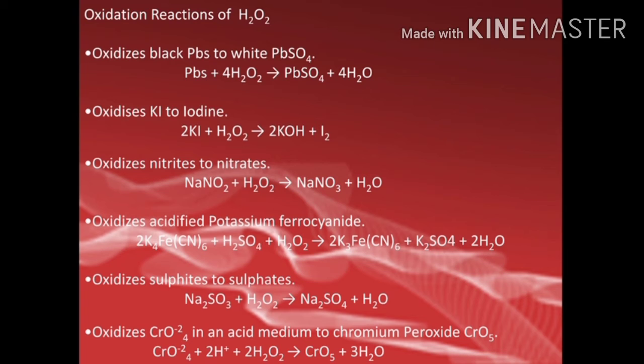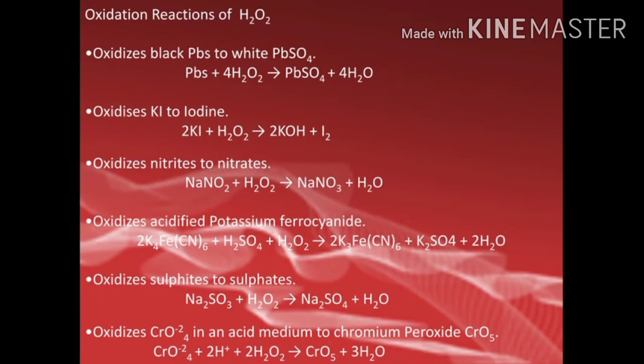Next reaction, sodium nitrite is converted into sodium nitrate. Hydrogen peroxide is involved in this reaction as an oxidizing agent. Hydrogen peroxide also oxidizes acidified potassium ferrocyanide into potassium ferricyanide.